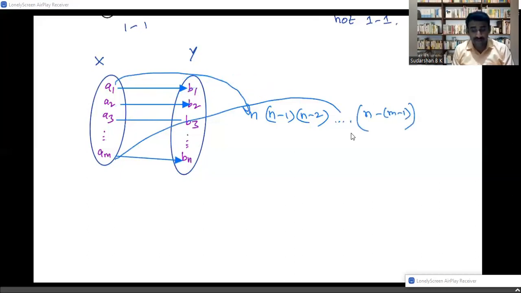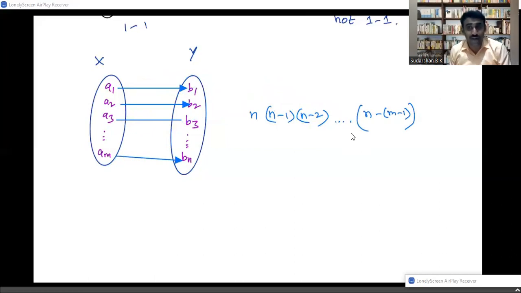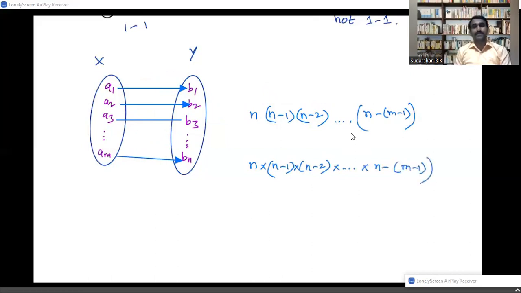So by the fundamental principle of multiplication, the number of one-to-one functions is n into n minus 1 into n minus 2, and so on up to n minus (m minus 1). And remember, this can be written as nPm.